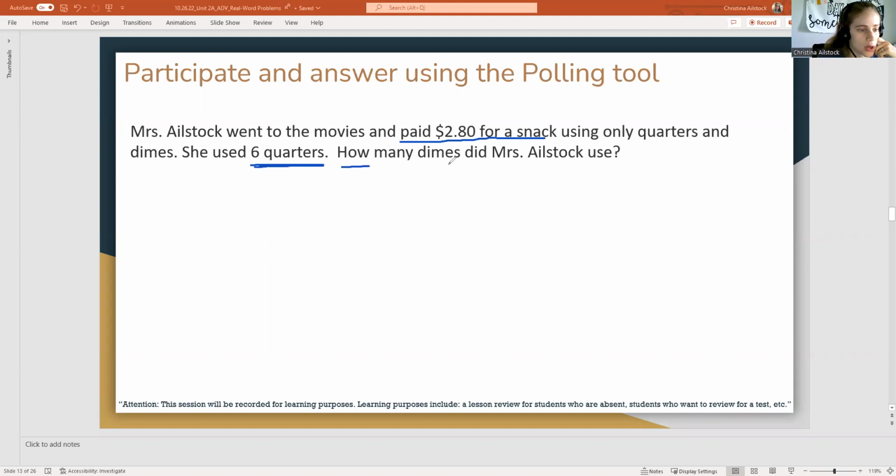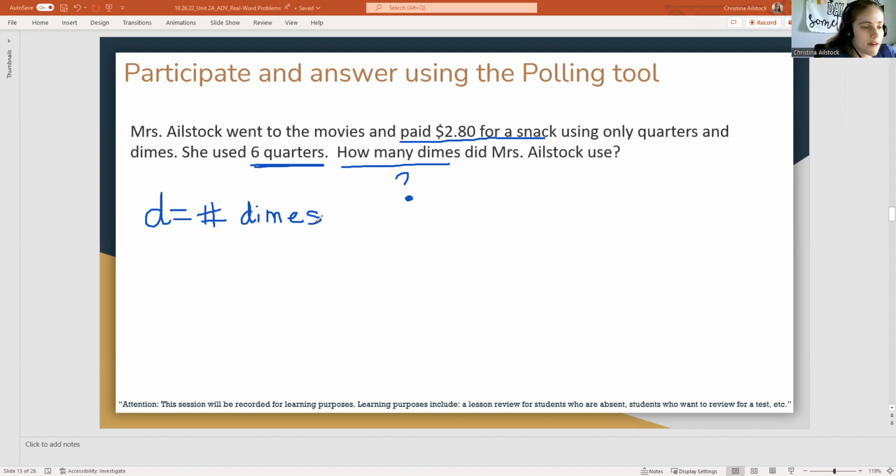And then we want to know how many dimes did I use? Okay. So first off, we need to pick our variable. Well, the thing that is unknown is how many dimes that I used. So therefore, we can just use the variable D to represent the number of dimes that I paid with.